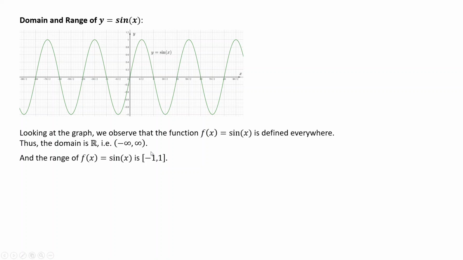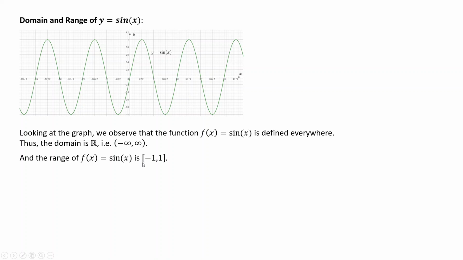Could I have just put parentheses? Is that the same? Brackets, parentheses, what's the difference? No, there is a big difference. When we say brackets -1, 1, we mean every y value between -1 and 1, including -1 and +1.